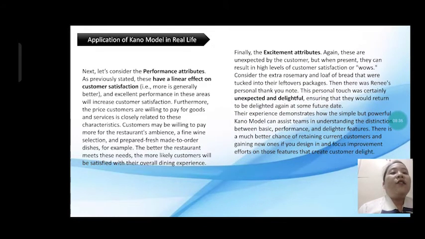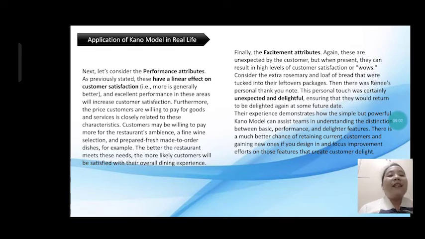Next, let's consider the performance attributes. As previously stated, these have a linear effect on customer satisfaction. More is generally better, and excellent performance in these areas will increase customer satisfaction. Furthermore, the price customers are willing to pay for goods and services is closely related to these characteristics.